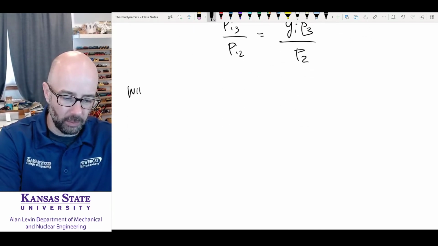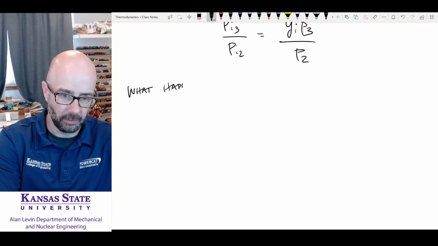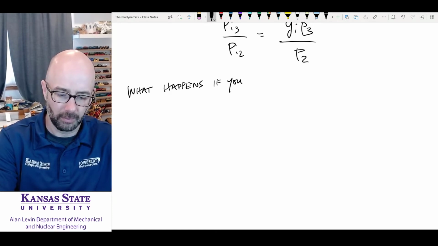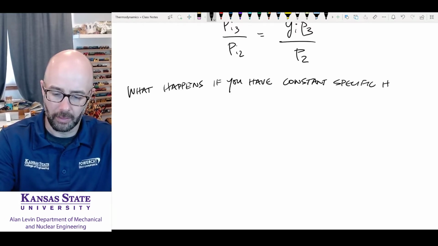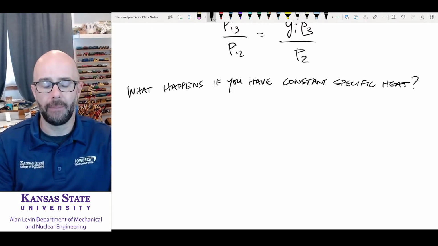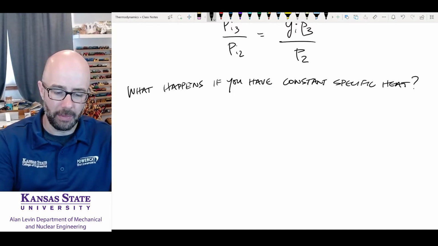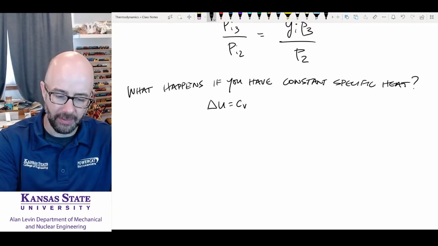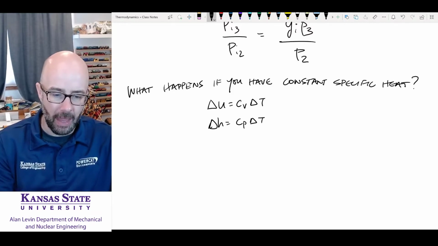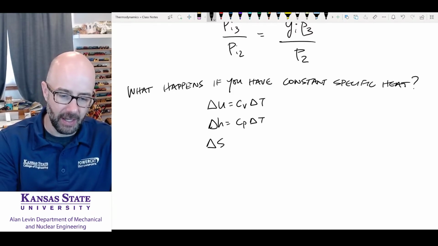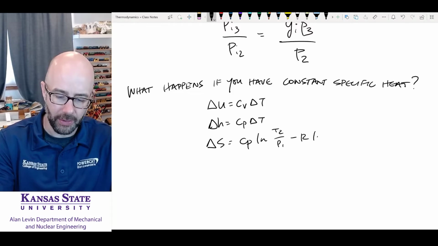Well, remember, we're going to replace delta U with C sub V delta T, and we're going to replace delta H with C sub P delta T, and we're going to replace delta S with C sub P natural log of T2 over T1 minus R natural log of P2 over P1.